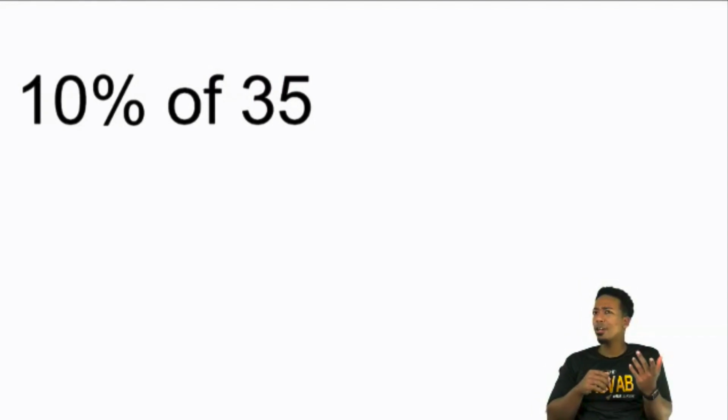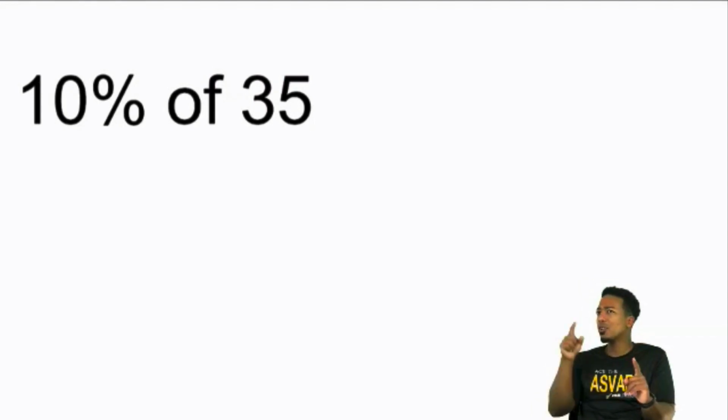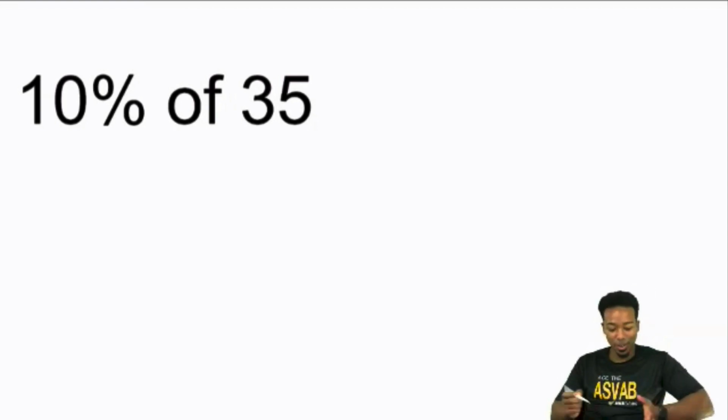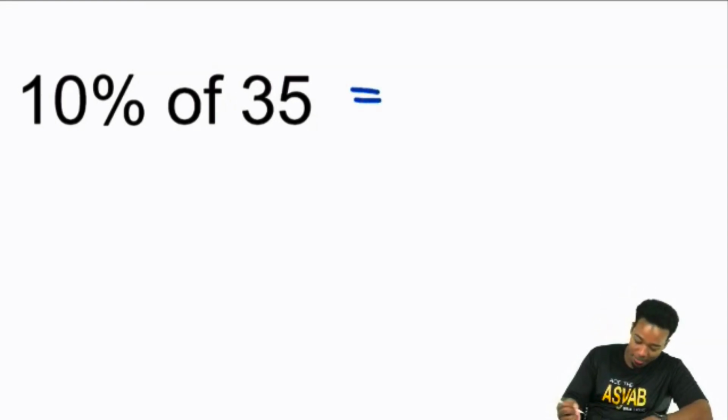Now, why is that easy? Think about it like this: if you divide by 100, you're moving the decimal place to the left 2 times. If you divide by just 10, how many times are you moving that decimal place? 1 time. So 10% of 35 is the same thing as saying this: boom, 3.5.